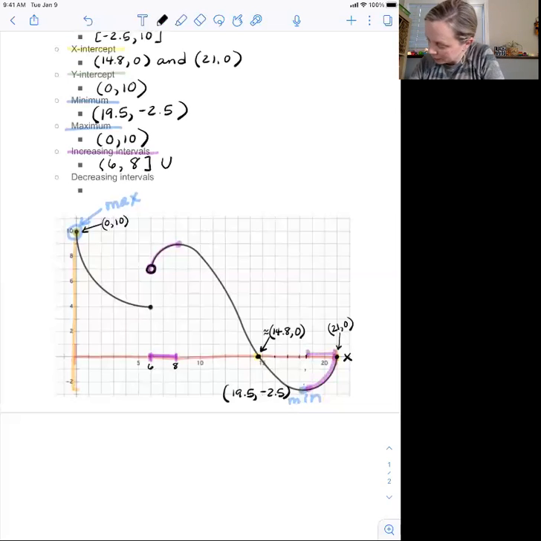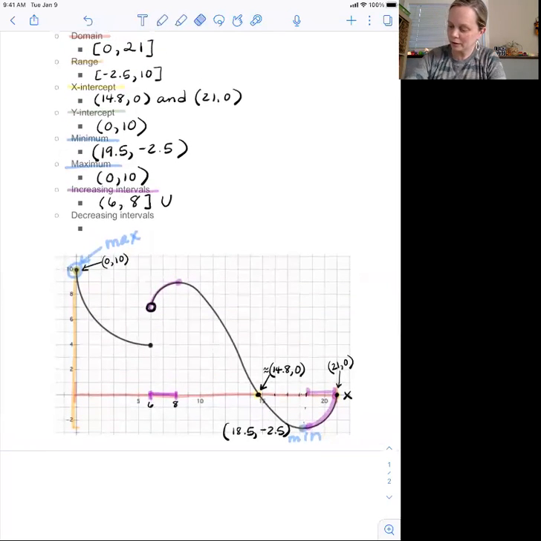And then my second one, so I'm going to make another one, so that little union sign there. And that one looks like it is going from, you know what? Now that I'm counting this again, I'm realizing I'm going to go back. I don't think that's 19.5. I think that's 18.5. So I'm going to make that change to the minimum here while I'm thinking about it. Sometimes it's totally fine to go back and adjust your points.